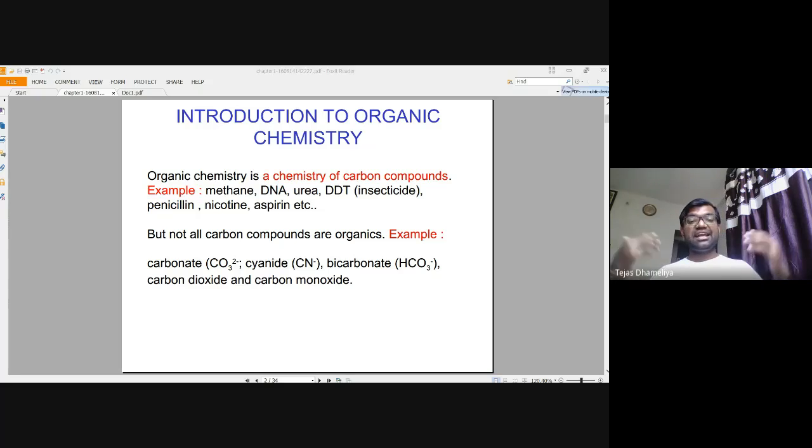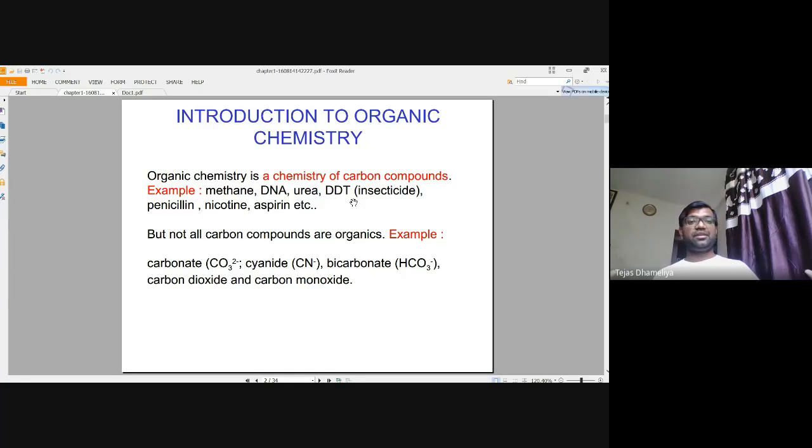Analgesic means sometimes we have some pain, and in that case aspirin is used. Although paracetamol is used more than aspirin to relieve pain. You might have heard of a certain tablet called Dolo 650. That is a marketed formulation of paracetamol. Okay, so all these drugs are also made up of carbon.